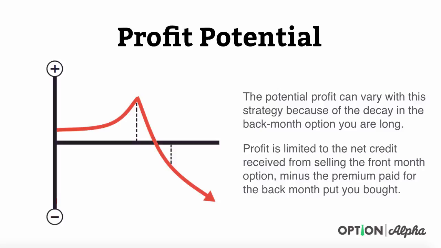Now, the profit potential for these strategies can vary because of the decay in the back month option you're long. These options have different decay and time factors, so we don't know exactly where that profit is going to land, but we do know that most of the time your profit is limited to the net credit received from selling the front month option minus the premium paid for the back month option.